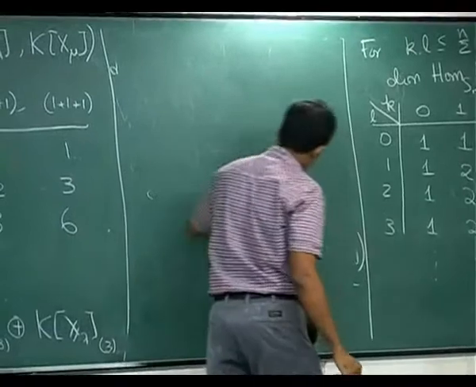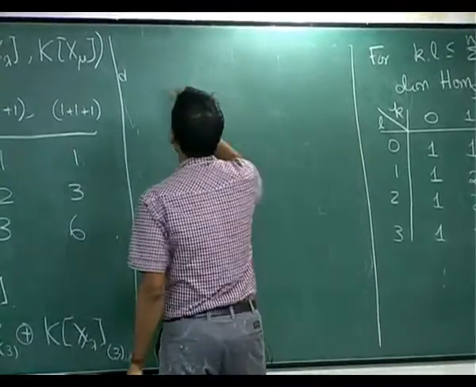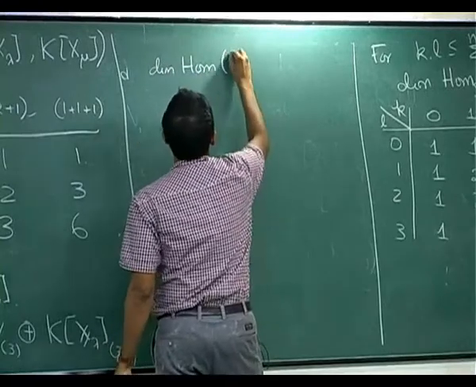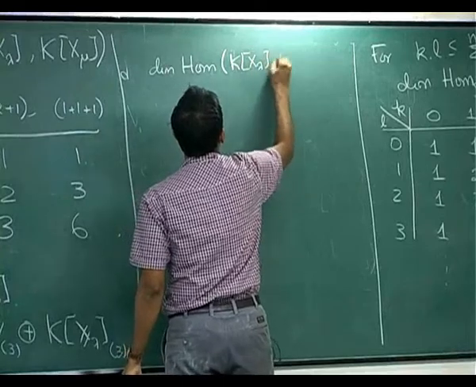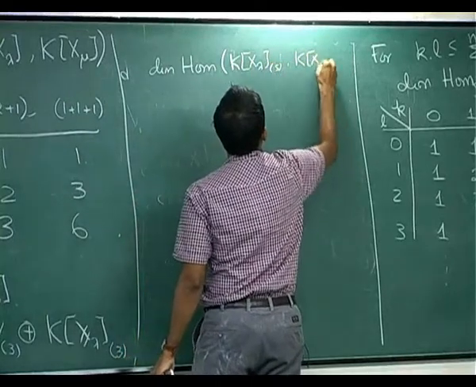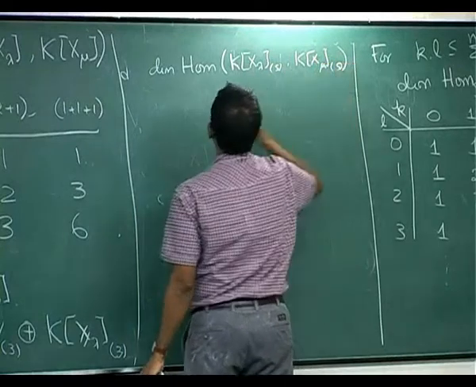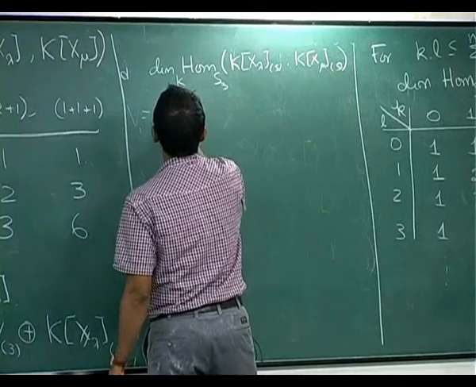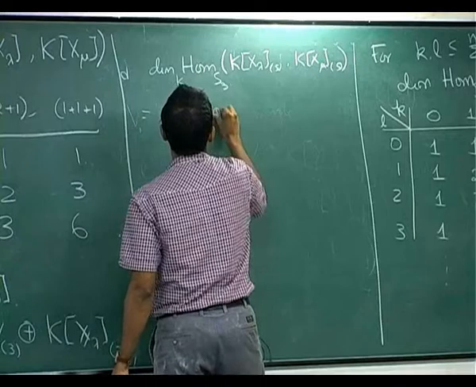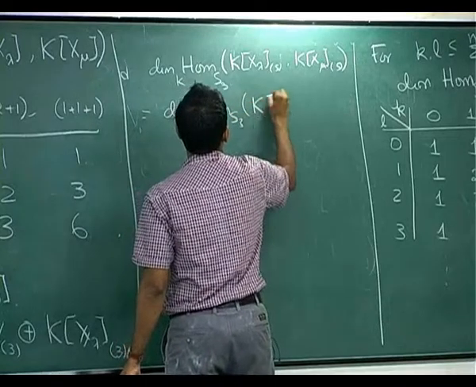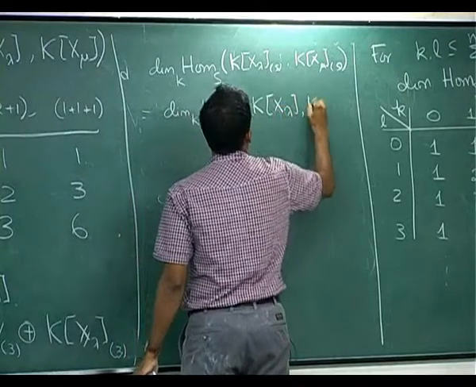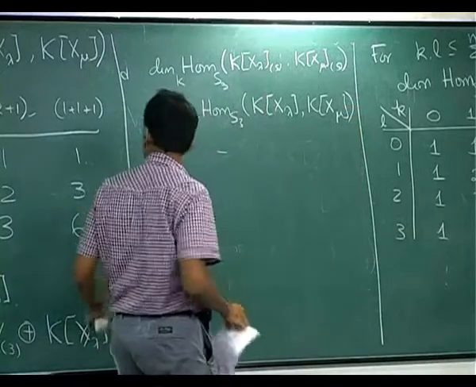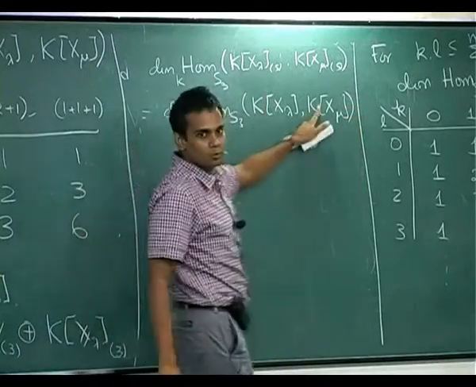Dimension of homomorphisms of kx lambda 3 to kx mu 3, as S3 representations, is the same as the old dimension minus the contribution of v3, which is 1 here times 1 here.